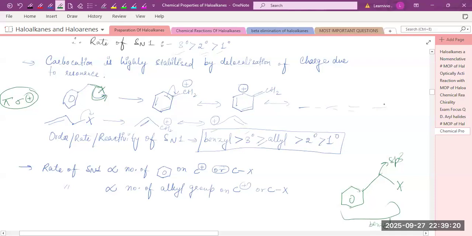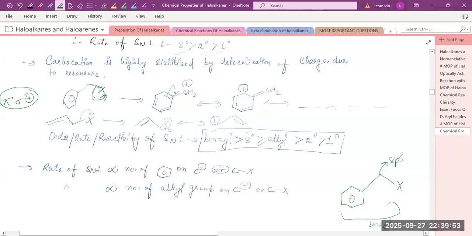So what I want to tell you is that the carbocation is highly stabilized. Here the carbocation is being formed when the X is being removed. Now this carbocation, due to the delocalization of pi electrons, will be highly stabilized. This makes it stable. When it delocalizes, the pi electron will move within the ring.